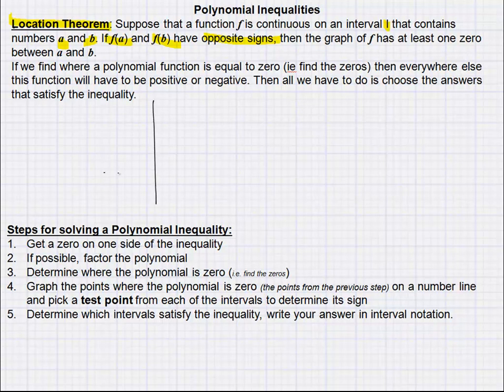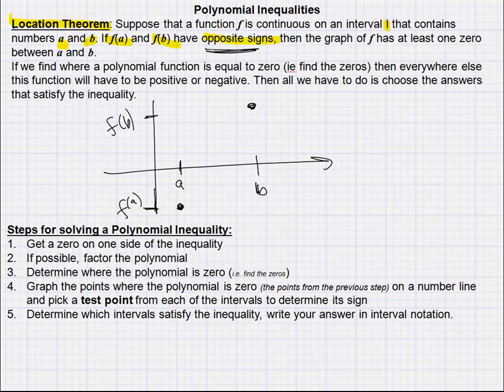If I look at a graph and I look at some interval over that graph, so a to b, if the y value on one end is, say, negative, so I get a point down here, this would be f of a, and the y value on the other end is positive, so say up here, that's f of b, so basically we're saying they have opposite signs.